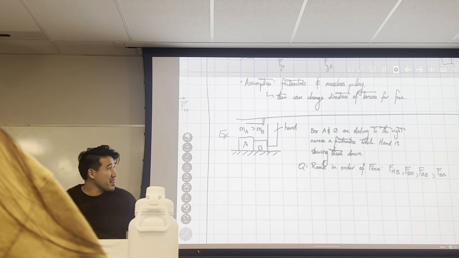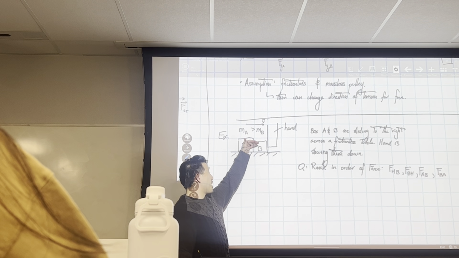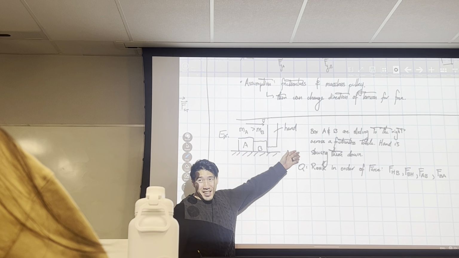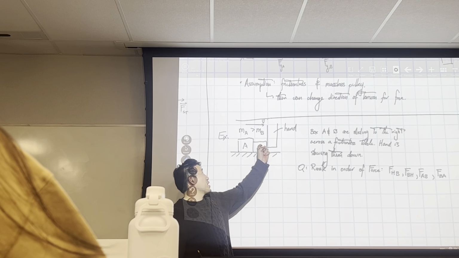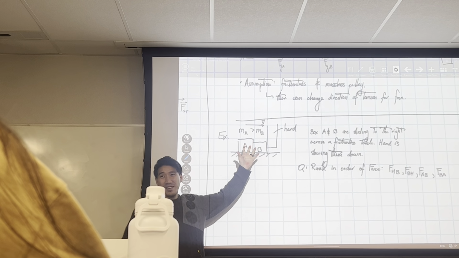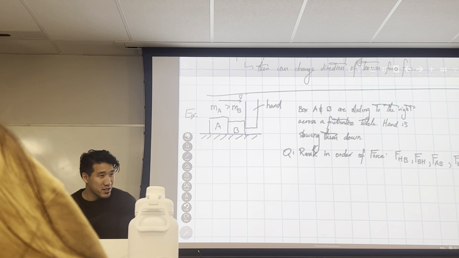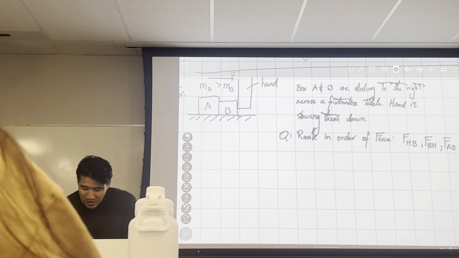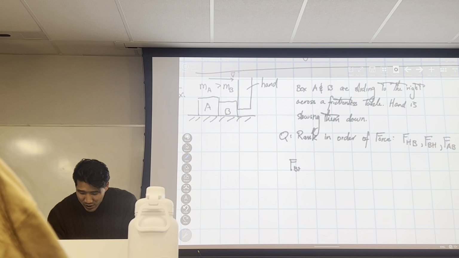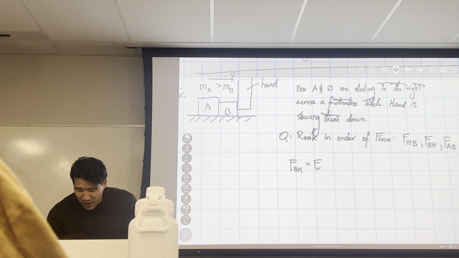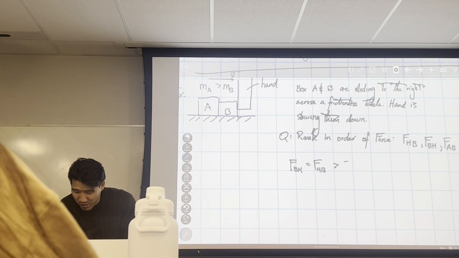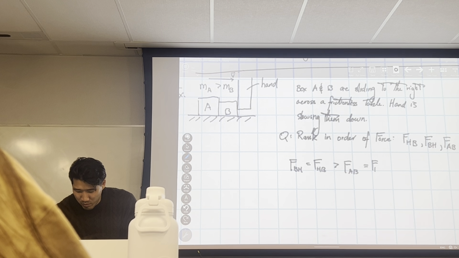So, instead of A pushing on B and the hand, it's actually the hand pushing on B and A. So, in this scenario, this is going to be the correct sequencing. F_BH is equal to F_HB, which is greater than F_AB, which is equal to F_BA.